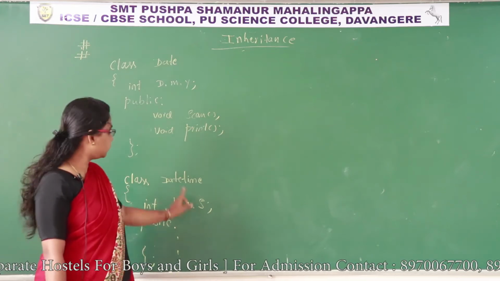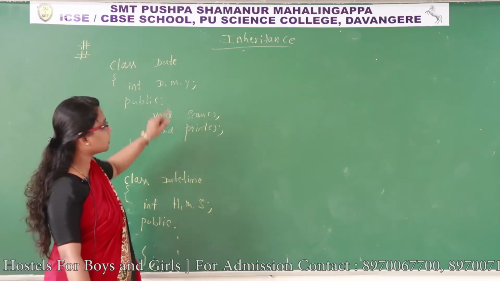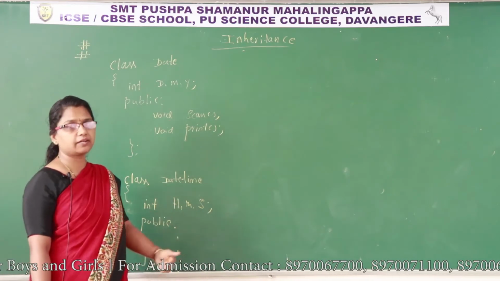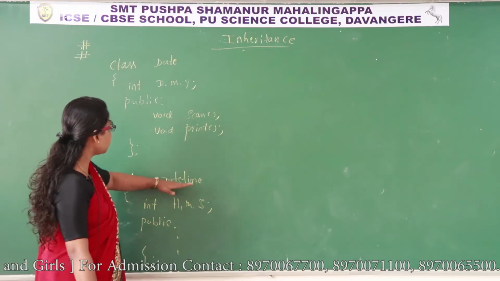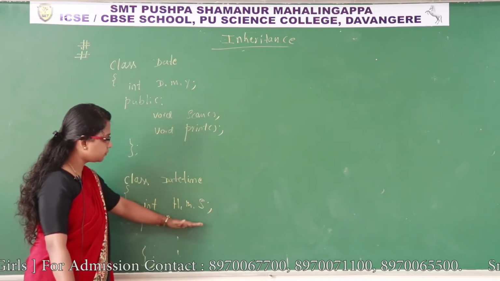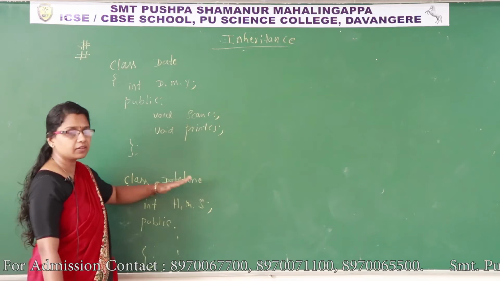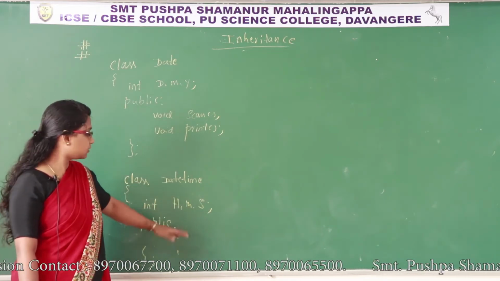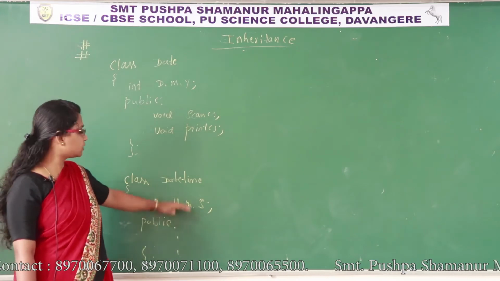If you inherit the date time class from this class, all the properties come to it. That is inheritance, heredity. So this class has two facilities. Either it can display both date and time, or it can display only time.